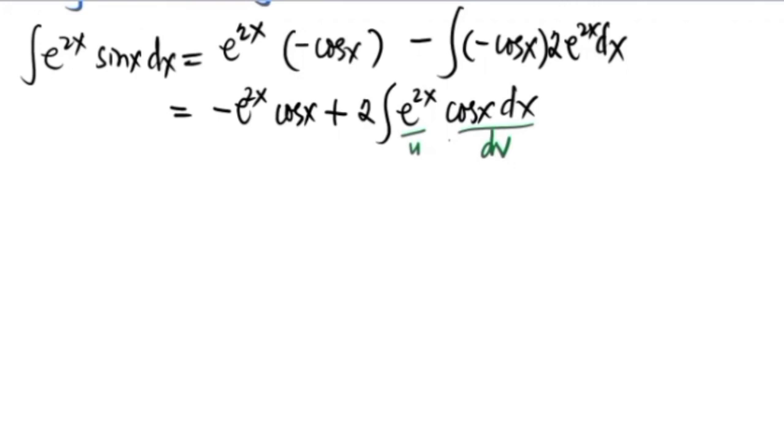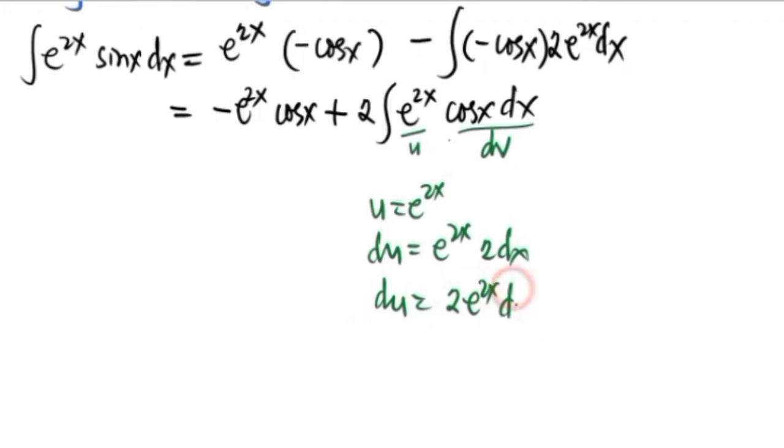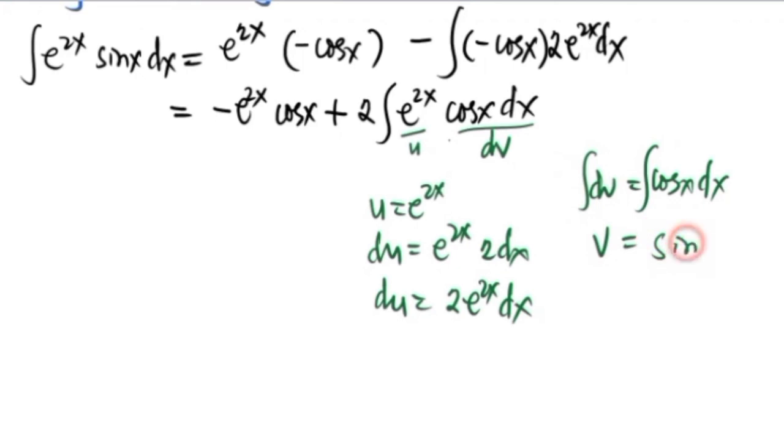We have u is equal to e to the 2x, then du is equal to e to the 2x, derivative of exponent is 2dx. So, du is equal to 2e to the 2x dx. Then, your dv is equal to cosine x dx. Taking the integral of this, so the integral of cosine is sine x.